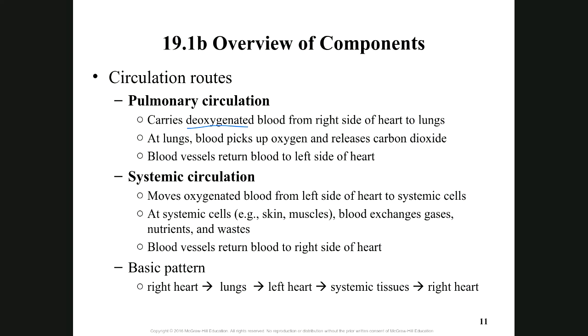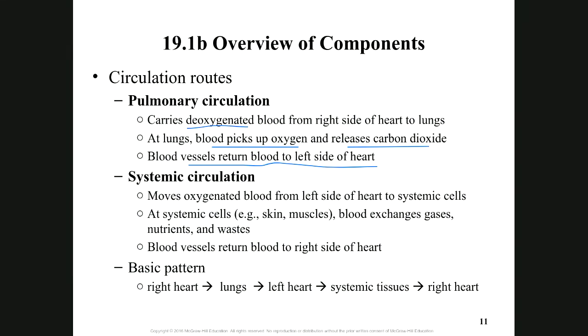In the lung, blood picks up oxygen and releases its carbon dioxide. Blood vessels return blood to the left side of our heart. This blood is completely oxygenated. So, the pulmonary circulation starts with deoxygenated blood, goes to the lung, exchanges carbon dioxide with oxygen, and then the oxygenated blood comes back to the left side of the heart.